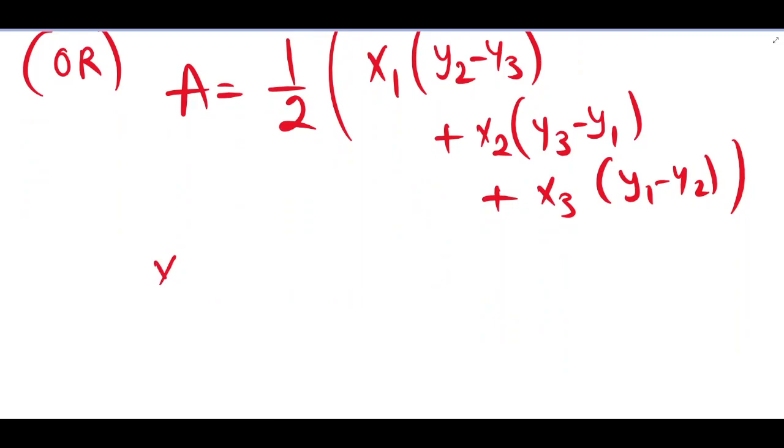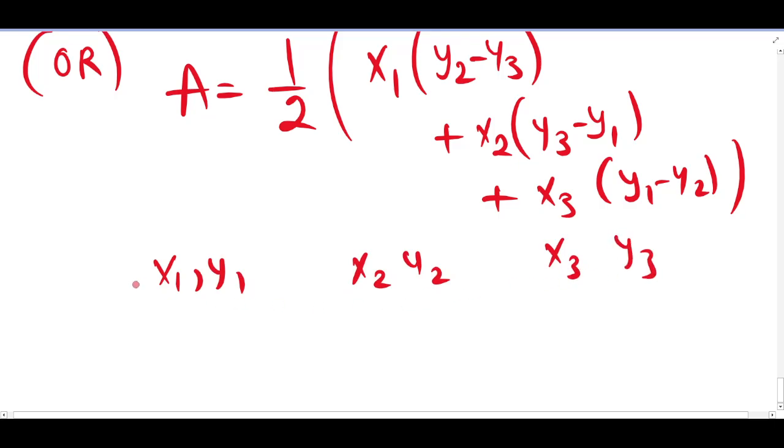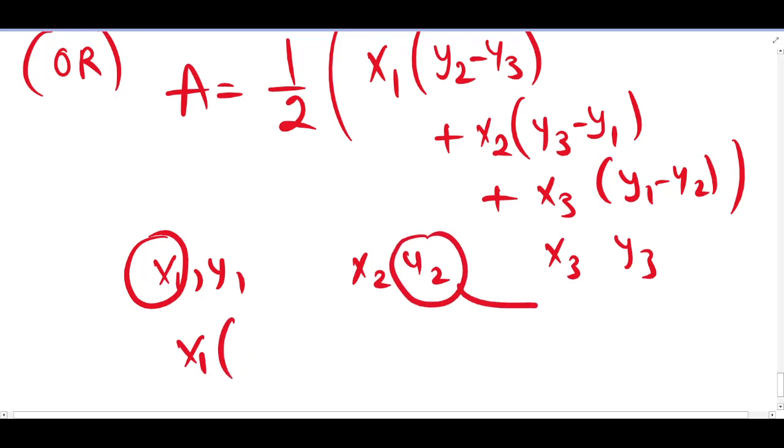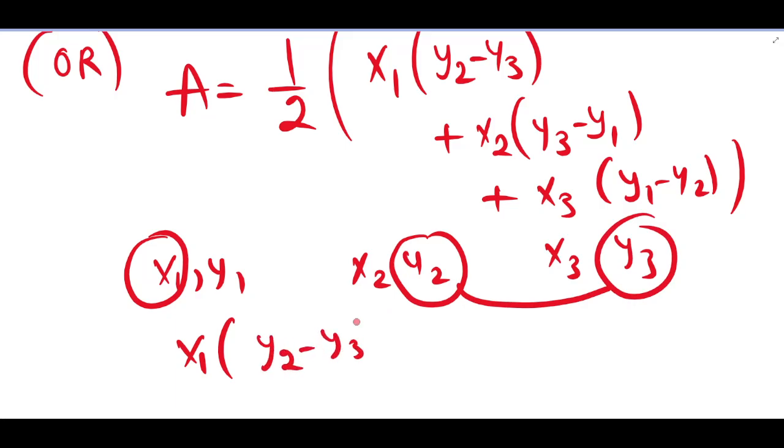That is, if x1 y1 is a point, x2 y2 is a point, x3 y3 is a point, then we take x1 and multiply with the difference of y2 and y3, y2 minus y3.